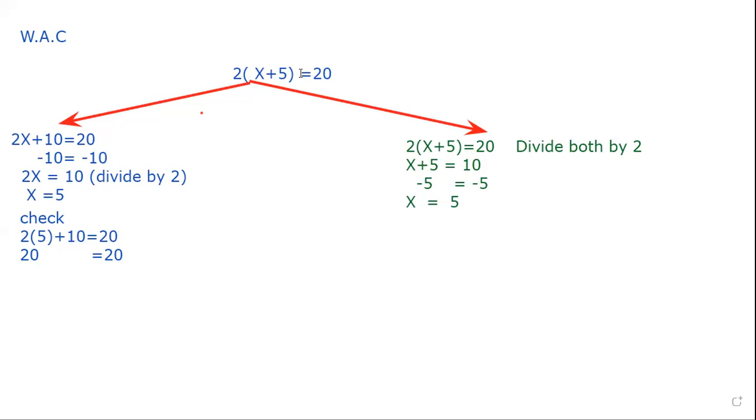If the number can be divided by the number before the parentheses, then you can start directly with division: divide both sides by 2, cancel 2, and 20 divided by 2 is 10. Then add the additive inverse, negative 5 and negative 5, then x equals 5. And you can check your answer like we did in the previous example.